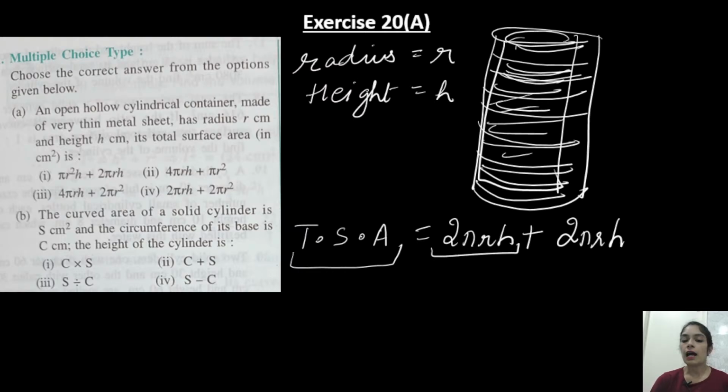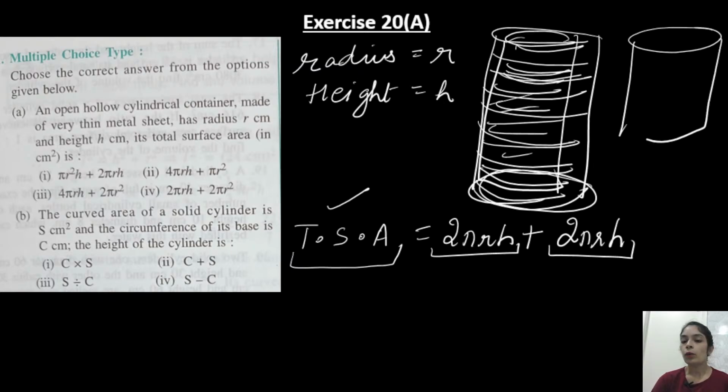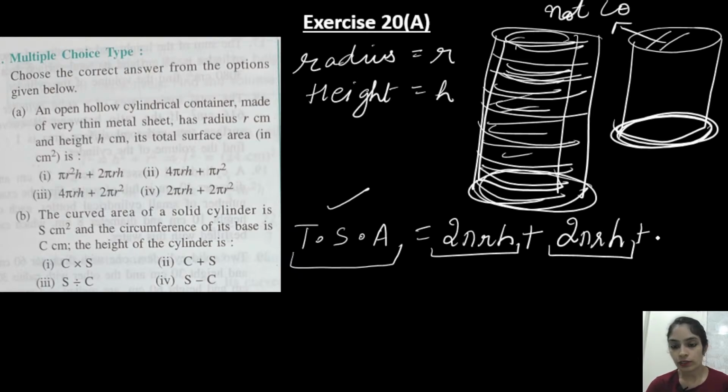So this is the outer curved area, this is the inner curved area, because they have asked us to find the total surface area. Now one base is also there. Open means this circle is not included, but the base is there. So one cross section is there: pi r square.